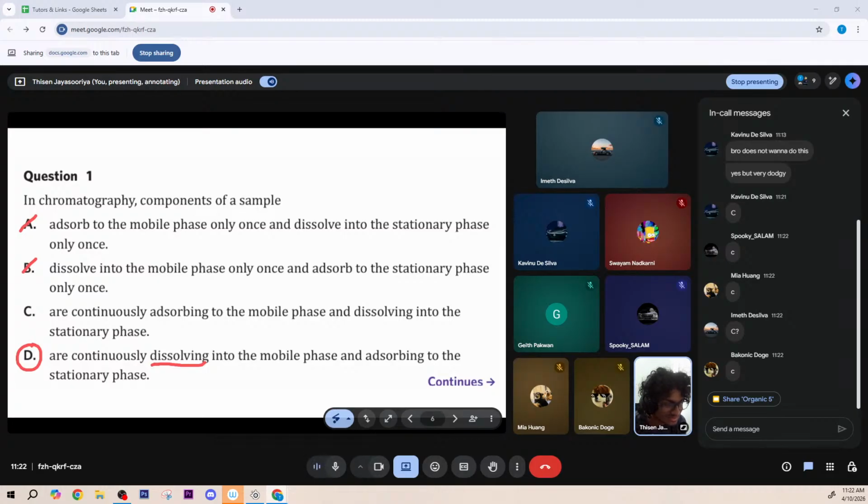It dissolves in a solvent, and it absorbs to the stationary phase. So here the answer is actually D. This is a very wordy one. I don't think they'd make this big of a wordy difference between the two. But does that make sense for everyone? It's because it's a solvent. It dissolves in a solvent. I think it's a more picky, wordy sort of situation.